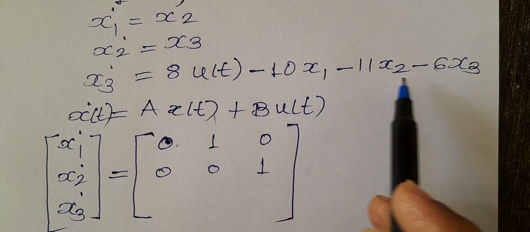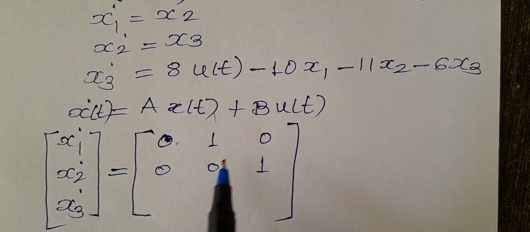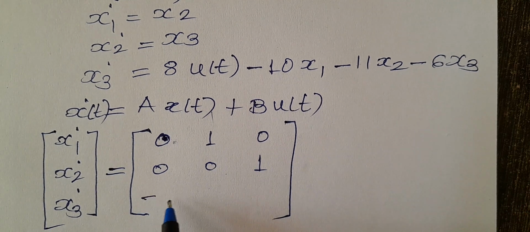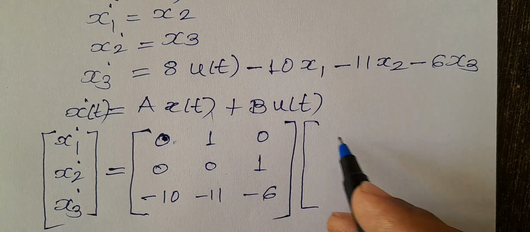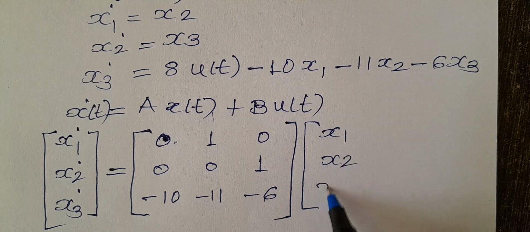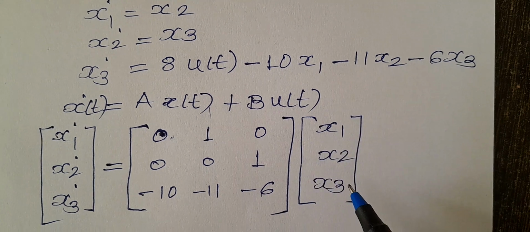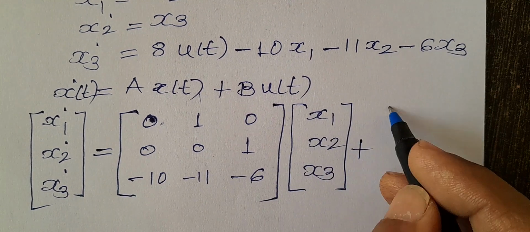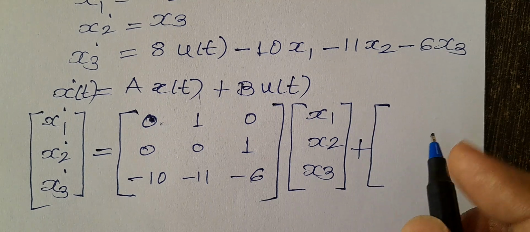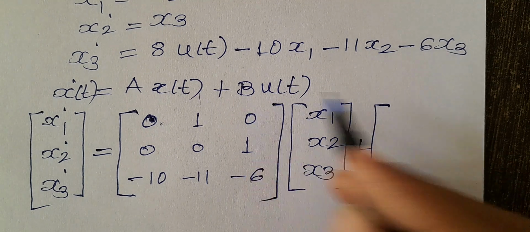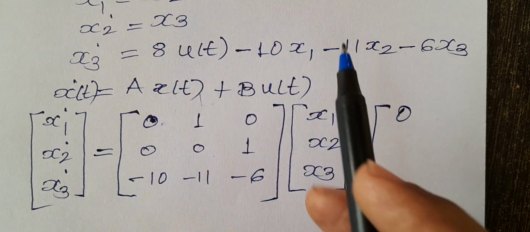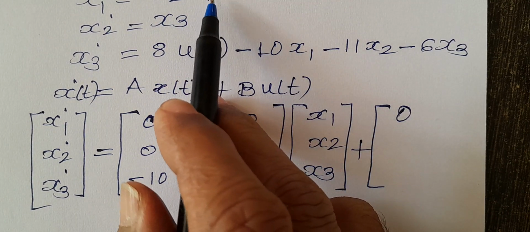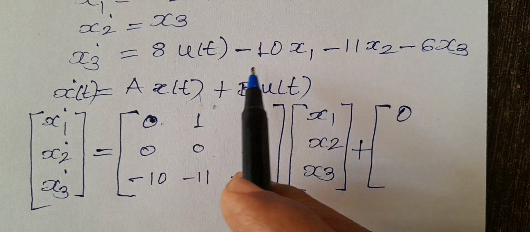So here the x1, x2, x3 coefficients are there, so we write minus 10, minus 11, minus 6, multiplied by x1, x2, x3, plus B. There is no input term in the first two equations, so they are 0.